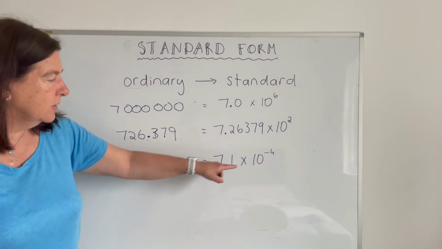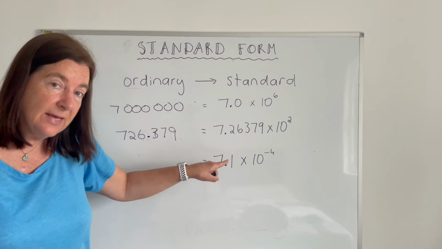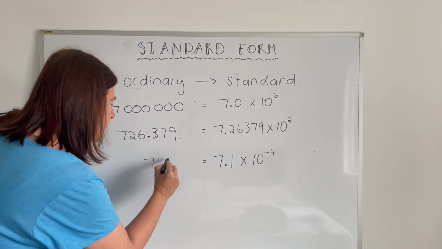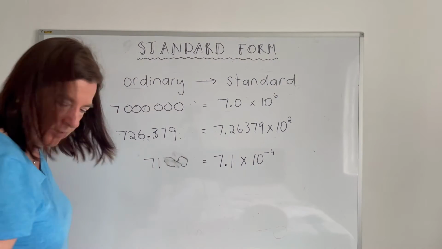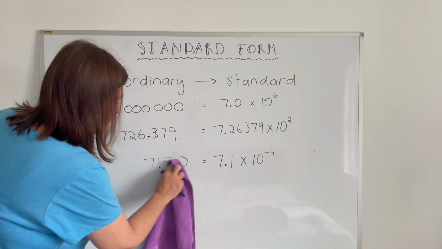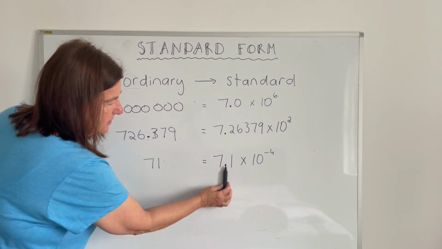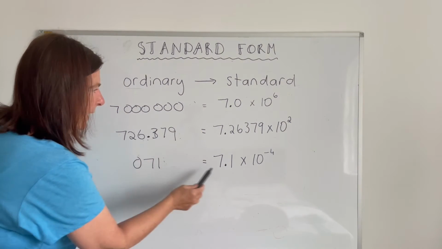Third one, because that's a negative index, -4, it means this number has to become smaller. So it's going to be 7.1. Those zeros are not necessary, let's just rub this out and make it a bit neater. But what's happened is because this number's become smaller, the decimal needs to move this way by 4 places.